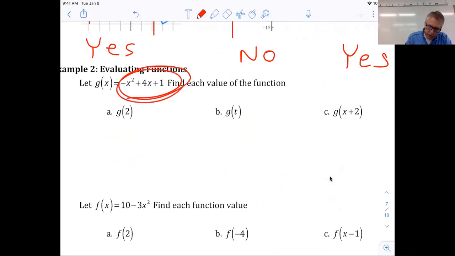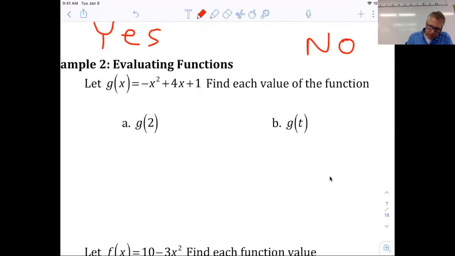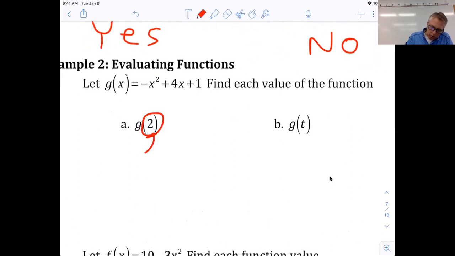This is what the function actually does. And then this is the input or domain, the value we're going to put into the function. So when we're finding G of 2, what this means is take 2 and plug it into G. Well, here's G up here. So all you're going to do is replace all the X's with 2. So I'm going to put a 2 in there and in there.